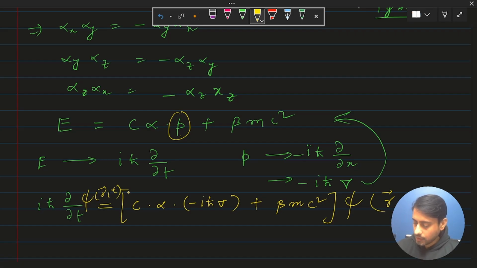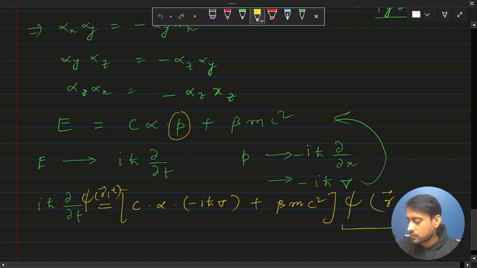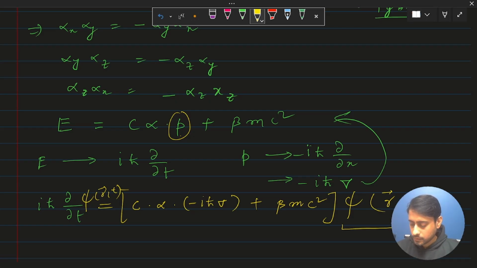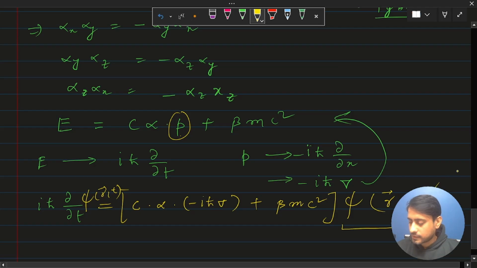If we wanted to go further, we need to go with some trial wave function. So we will now see how we can go by taking a trial function.